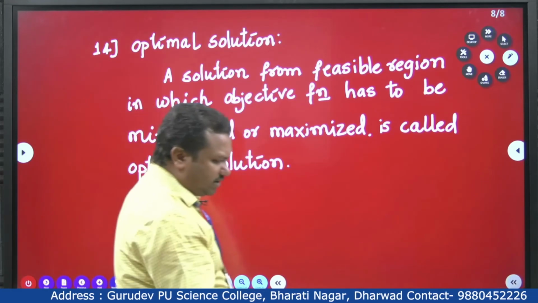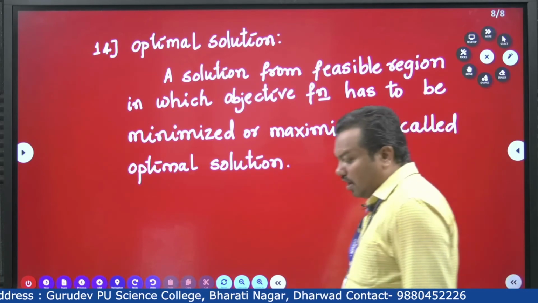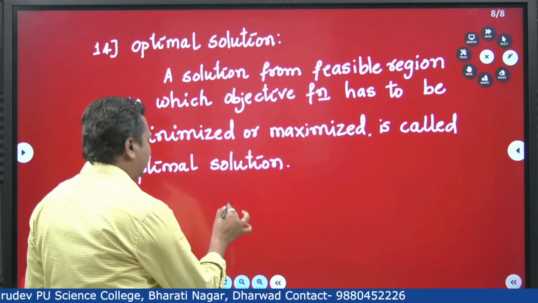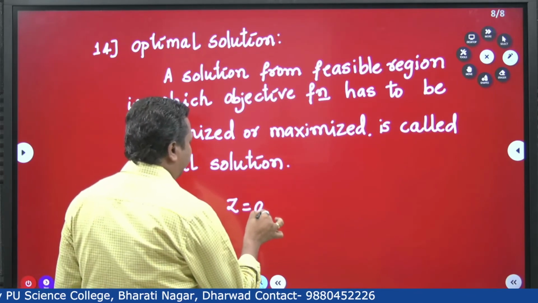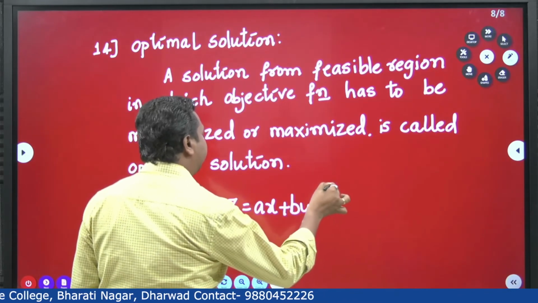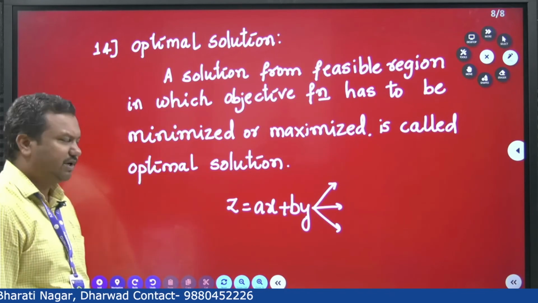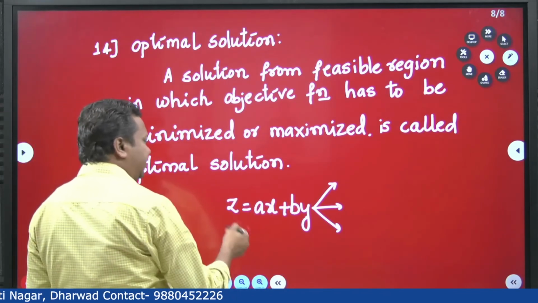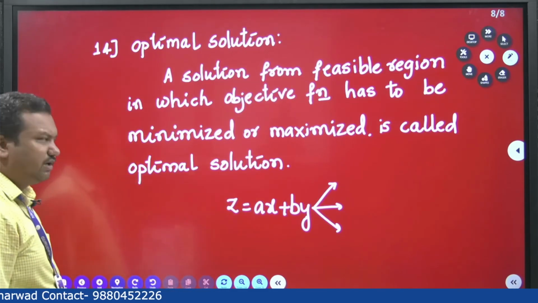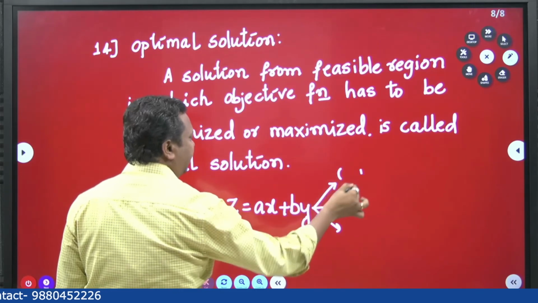I have already practiced many questions on this. When you define the objective function, that is z is equal to, you are using z equal to ax plus by as an objective function. This function either will have a maximum or a minimum, or it can have both cases, maximum as well as minimum. You define it in the feasible region.